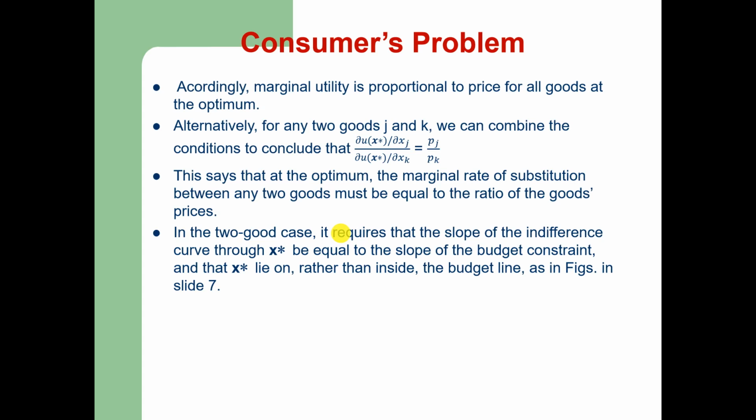And this says that at the optimum, the marginal rate of substitution between any two goods must be equal to the ratio of the two goods' prices.